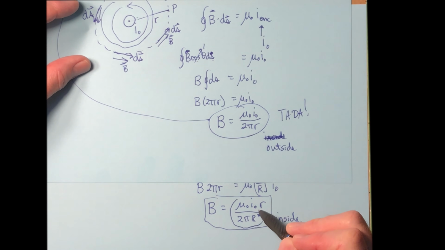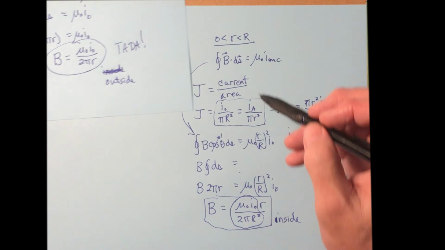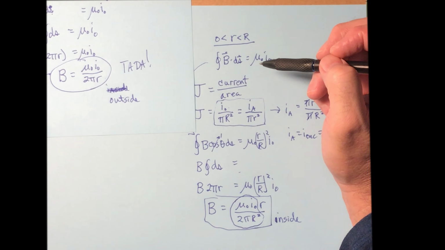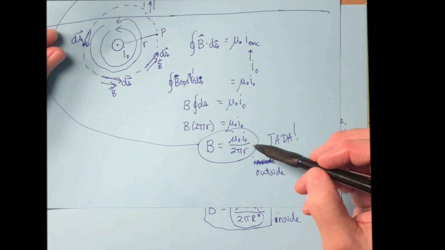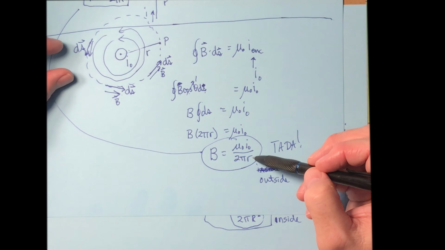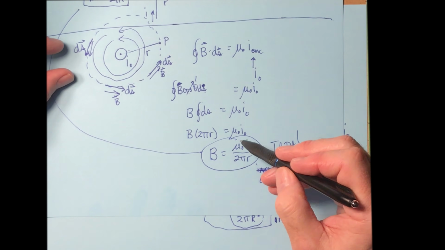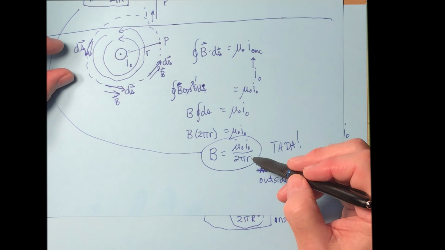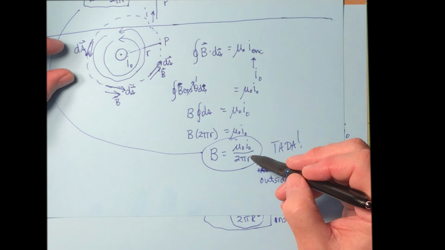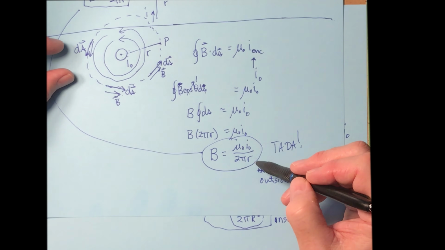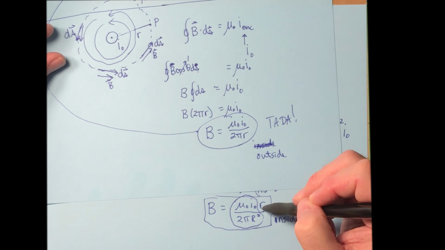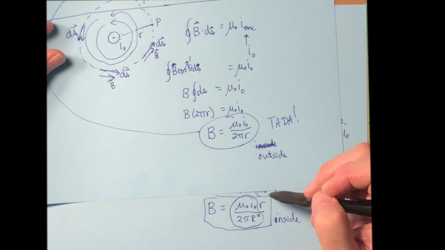Everything here inside that loop there is a constant for our problem. So little r is the only variable, and it ranges between 0 and big R. Whereas over here, little r is the variable. Everything else besides little r is a constant for our problem. So this is a 1 over r relationship, and this is a linear r relationship.